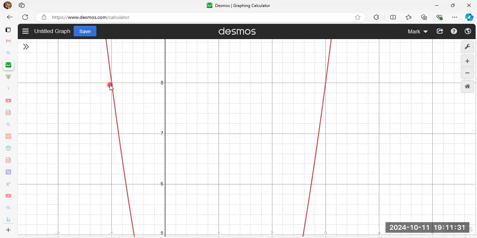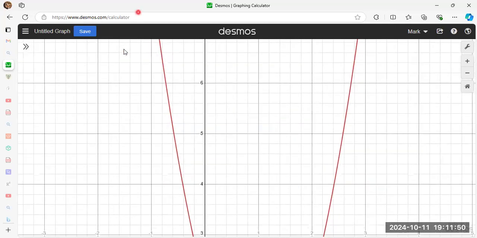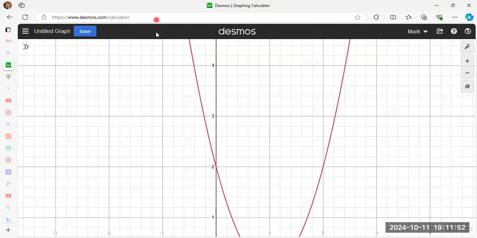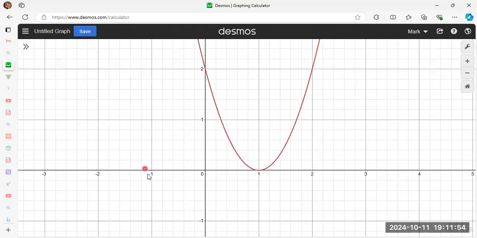So it means that this part of the graph, if I were to shade what I want, this function, based on the condition that x is less than -1, is suggesting that all I need are values over this side, because anything over here is greater than -1, isn't it?